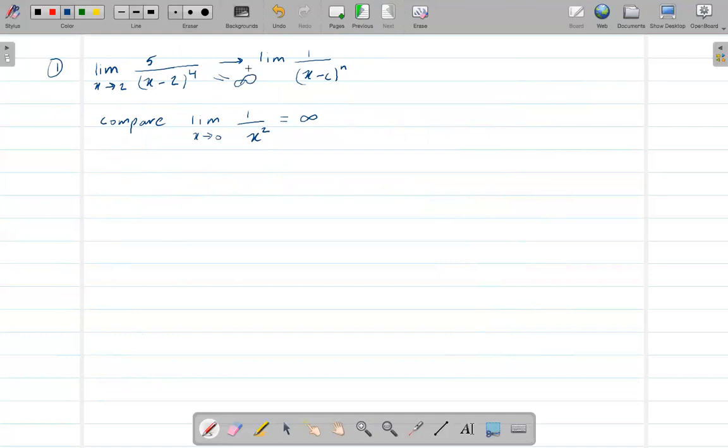All right. Similarly, let's say the limit of x goes to -2 from the left of 4 over (x minus 1) to the power 3. Again, we need to compare this to the limit of 1 over (x minus c) to the power n.